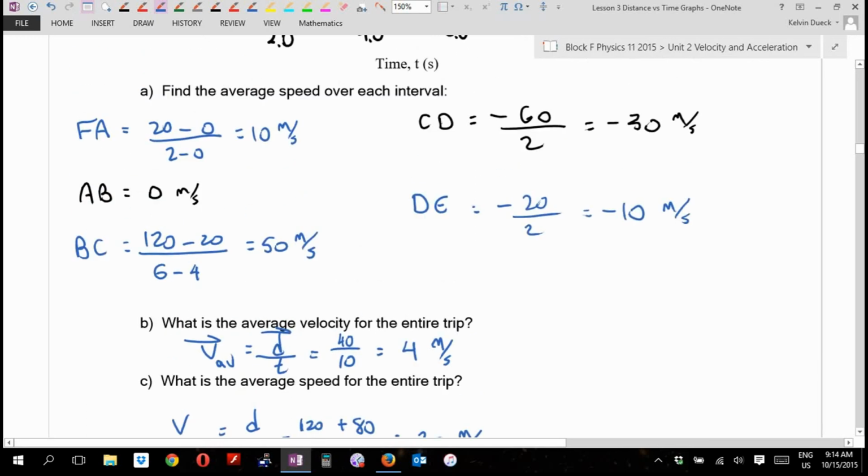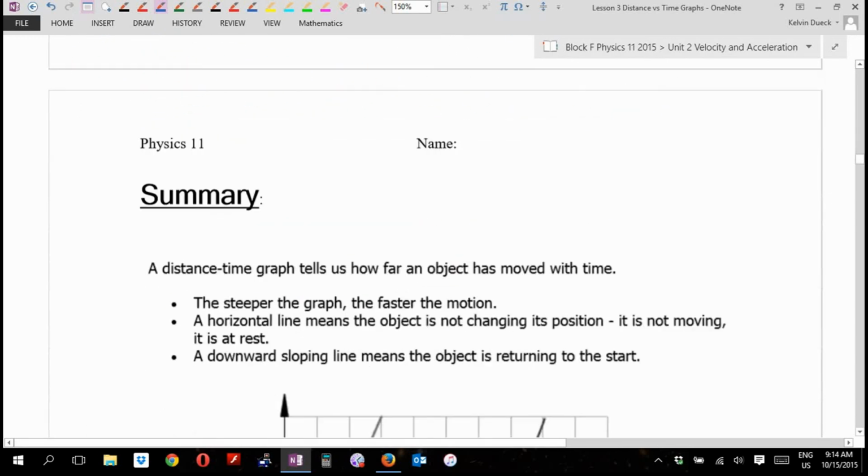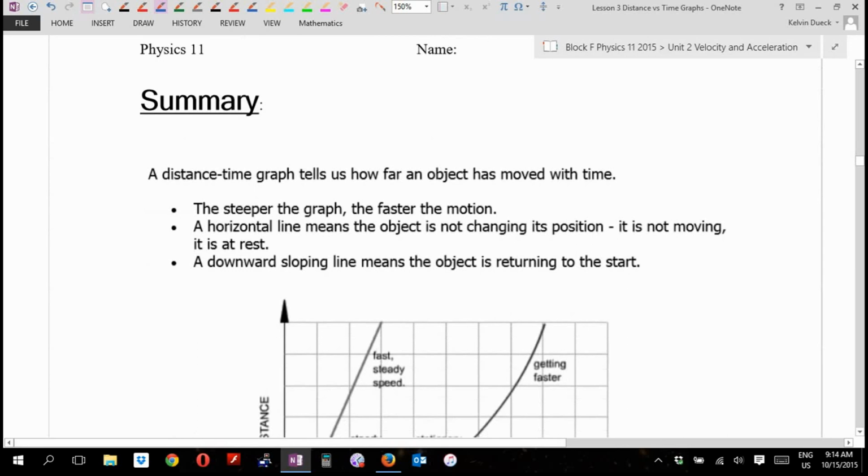Okay. Here's our summary. Distance, time, displacement, or position, those are not exactly the same thing, but I will this year tend to use them interchangeably. You guys have the summary on your page, yeah?